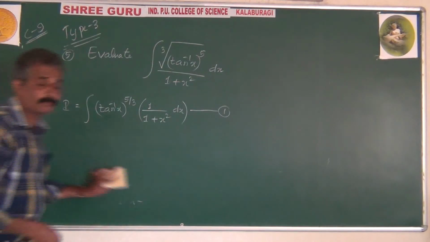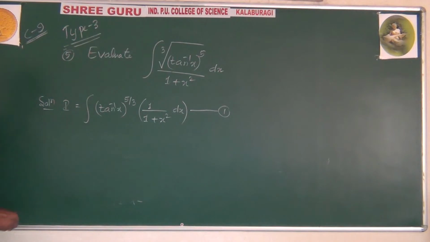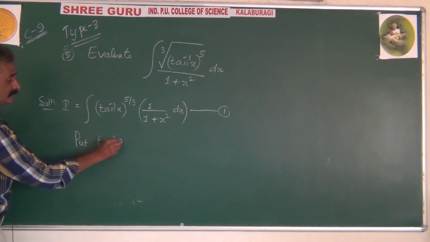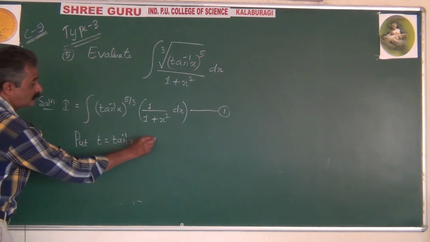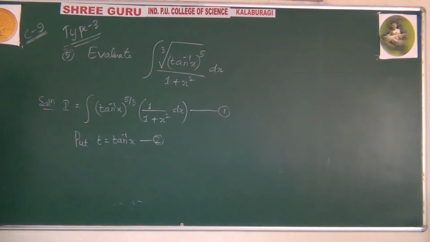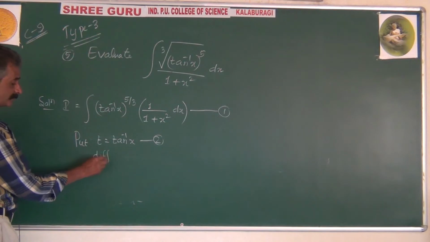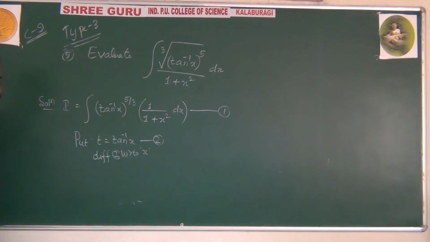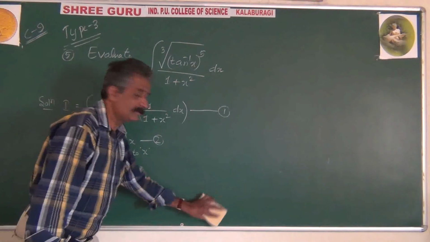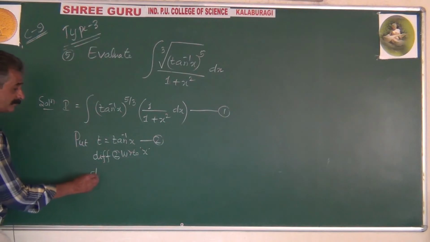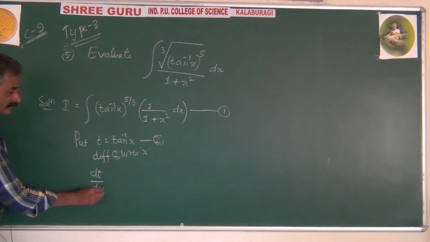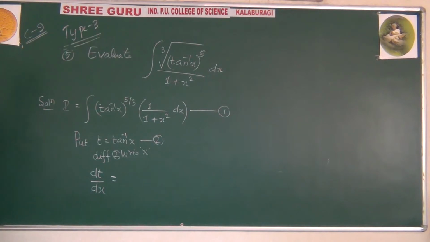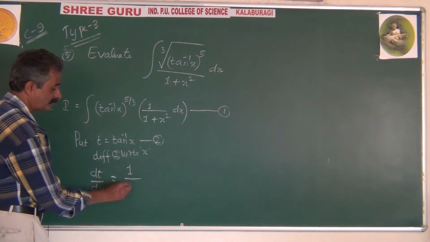Now we have to put t equal to how much? Tan inverse x. Put t equal to tan inverse x. After that, differentiating 2 with respect to x: differentiation of t is dt by dx, and the differentiation of tan inverse x is 1 divided by 1 plus x square.